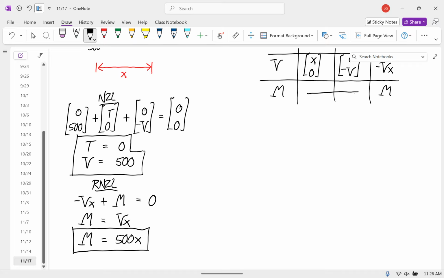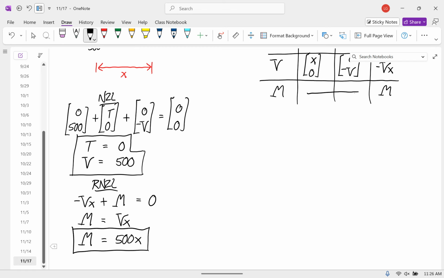Okay. So now the way this works is if you plug in x equal to 0.25, you'll get the answers that we got last class when we just looked at that one piece.